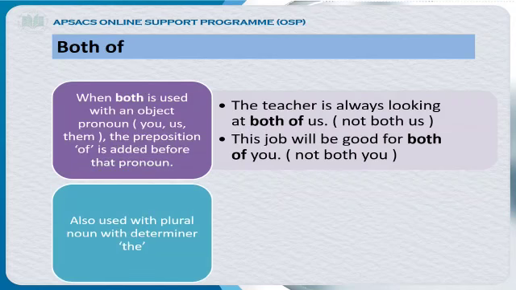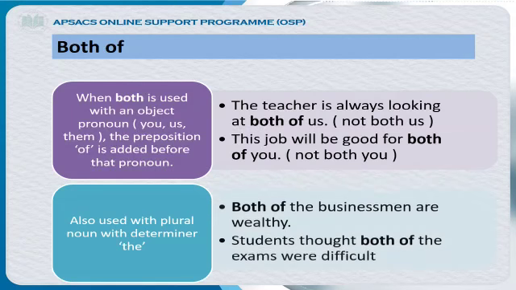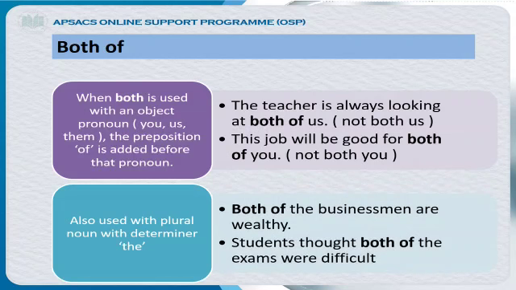It is also used with a plural noun with the determiner the. For example, both of the businessmen are wealthy. You also remember the previous example that we did? Here, with the, both of will be used. Students thought both of the exams were difficult. So now you see the difference here.